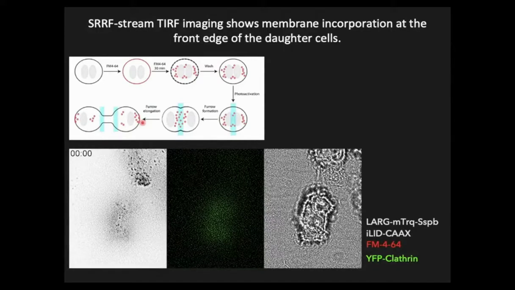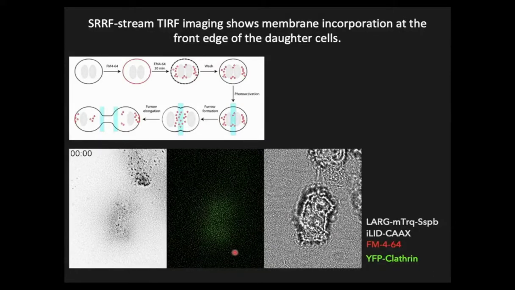For this experiment, I combine surface streaming TIRF imaging and optogenetics. In the movie, as you will see, the first channel is FM4-64. In green we have clathrin, which we use as a control, just to check that the cell is not just getting close to the surface.